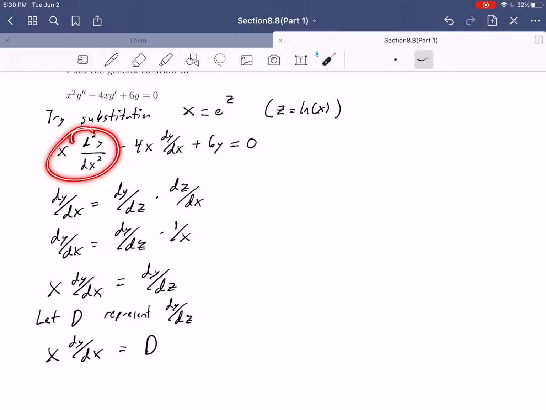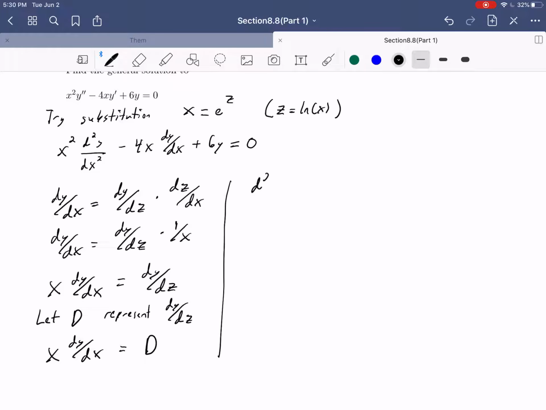Now we need to think about this guy. To do that, we're going to need to think about the second derivative. So the second derivative of y with respect to x, what can we say about that? Well, we certainly know that that's the derivative with respect to x of dy/dx. That's how you get the second derivative: you repeat the derivative on the derivative.